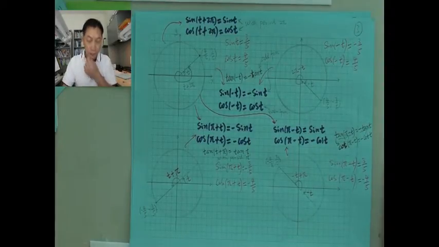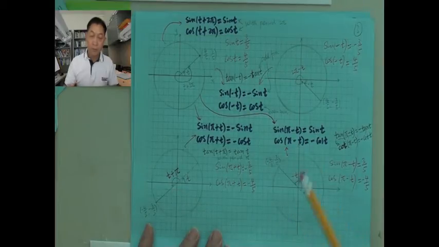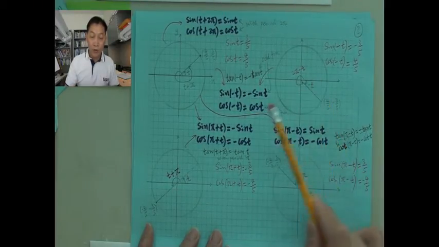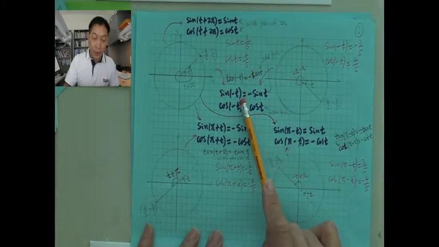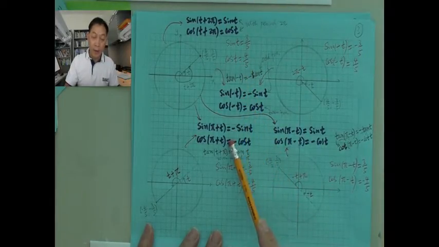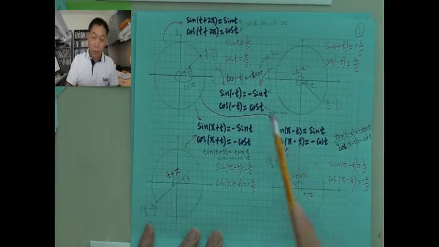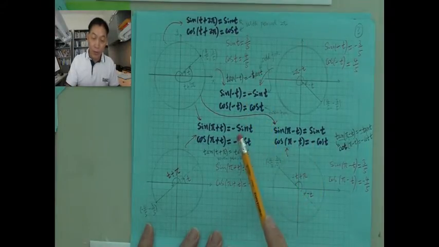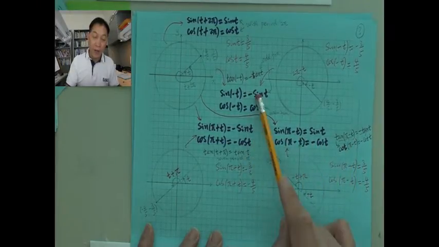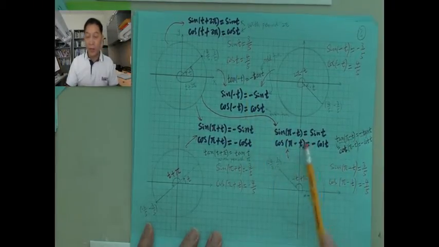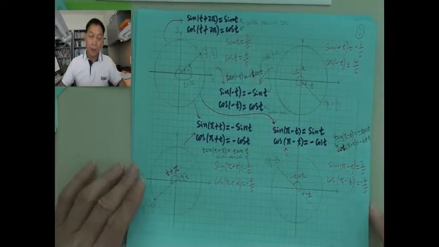Okay? Alright, so using this picture, you'll find out the first pair, second pair, third pair, fourth pair, plus you may find the relationship between tangents. Those four pairs of formulas are very important, and actually very easy to get from here.